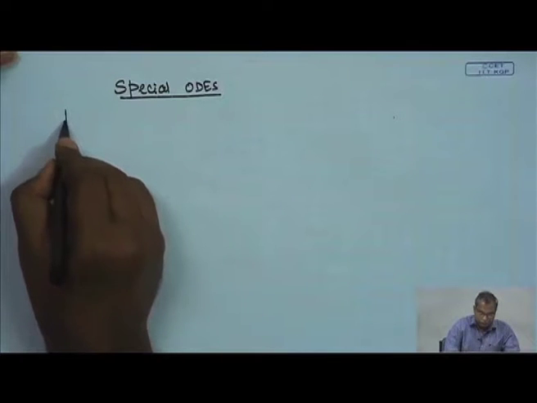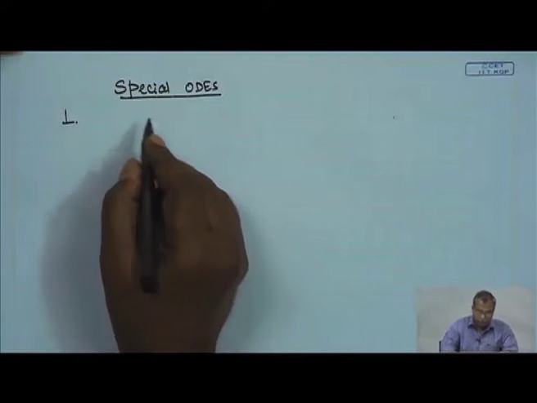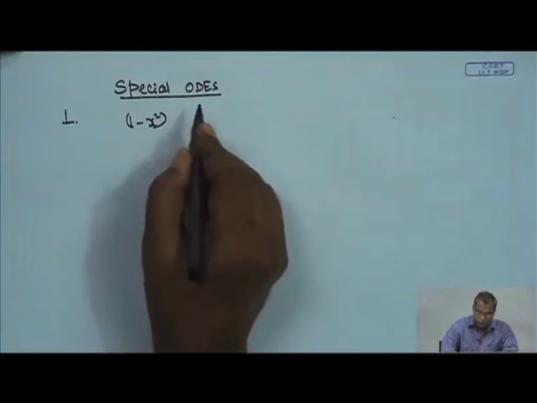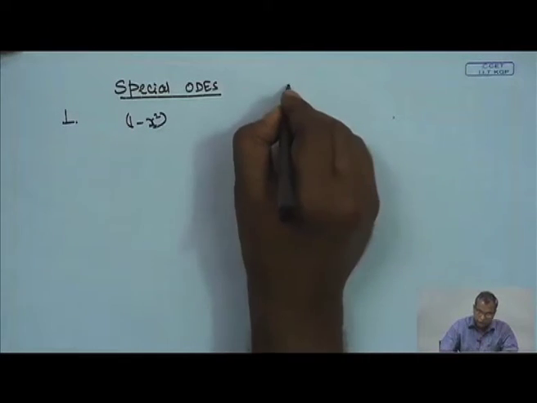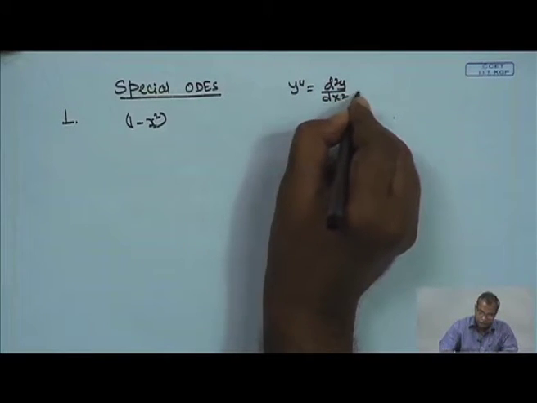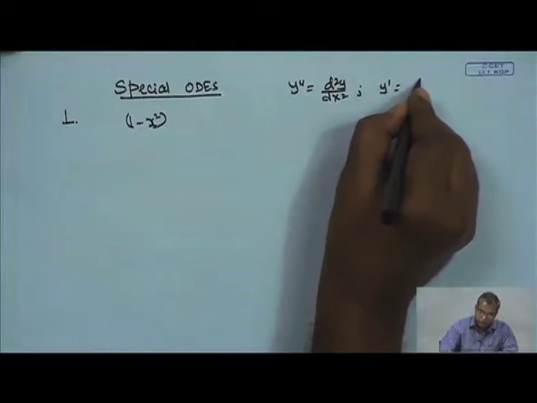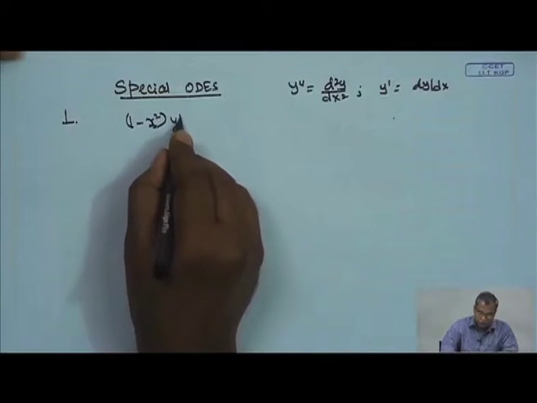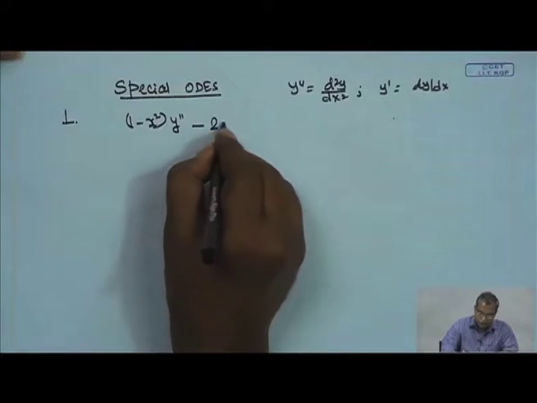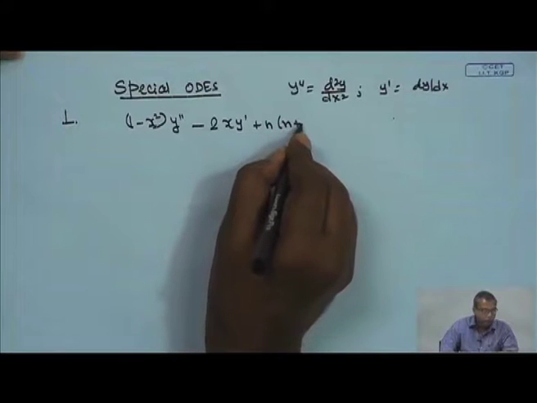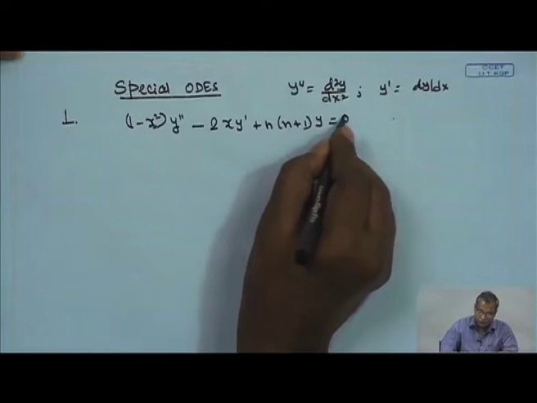For example, the first one is the ODE like (1 minus x square) y double prime. Y double prime is basically d square y by dx square, and y prime is dy by dx. (1 minus x square) y double prime minus 2x y prime plus n(n plus 1) times y is equal to 0.